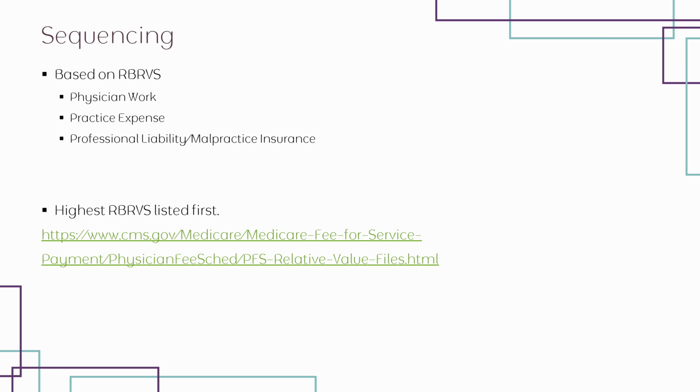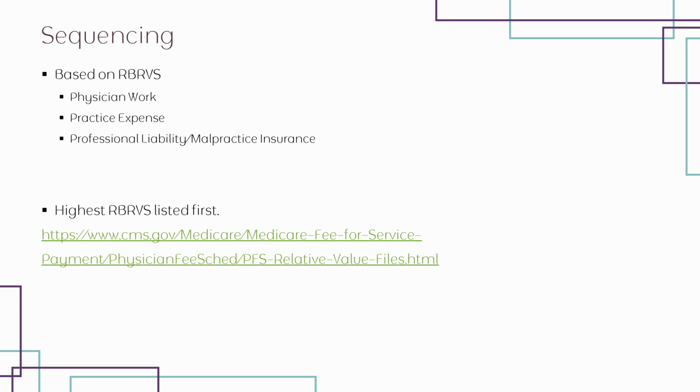The third component is based on professional liability insurance, which considers the relative risk and malpractice cost that is associated with performing the service. All of these components are combined to calculate the relative value units, or the RVUs, for each procedure code. The relative value codes for each CPT code can be found on the CMS website, which publishes the full physician fee schedule.